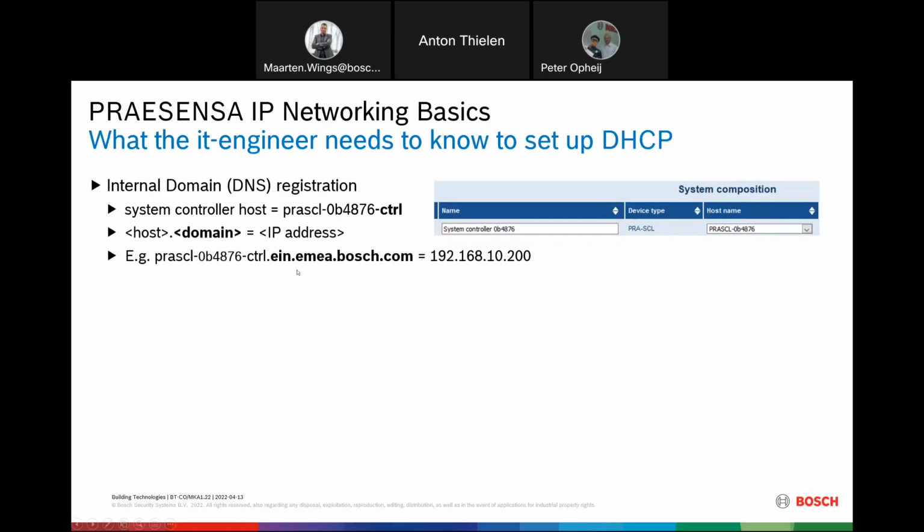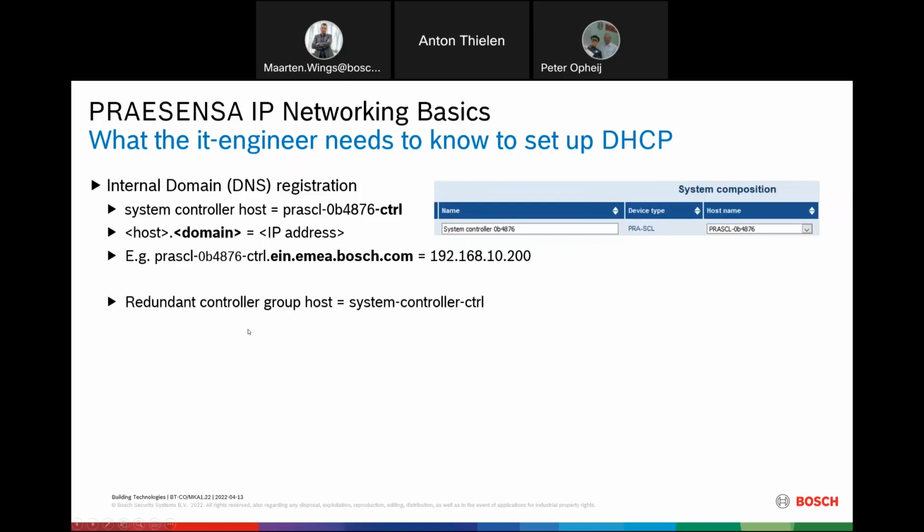So instead of using this URL, you could also use the IP address to reach it. But it's just like standard IT technology, like setting up laptops or anything else in your network.